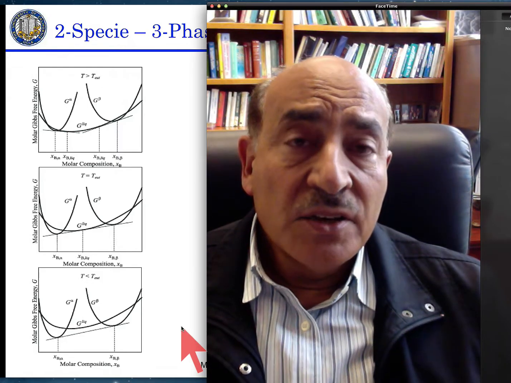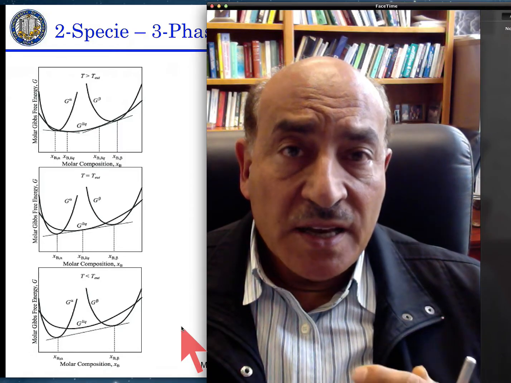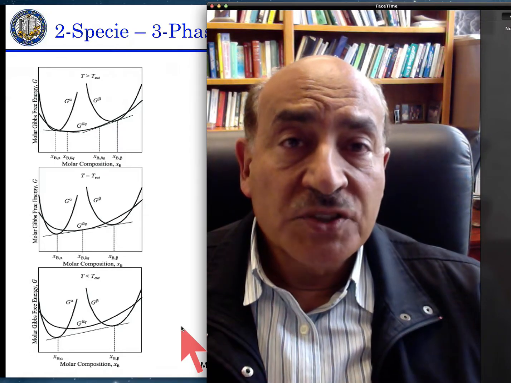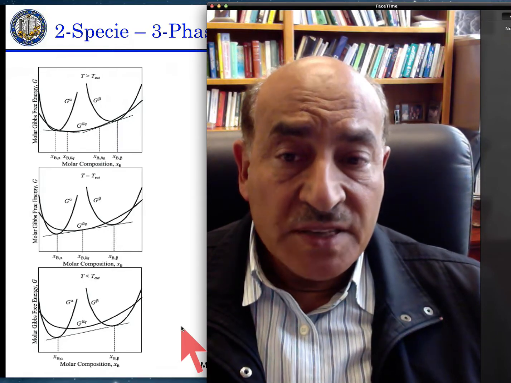Here we're dealing with three Gibbs free energy functions as a function of the concentration of one of the components, which is x sub B as usual.